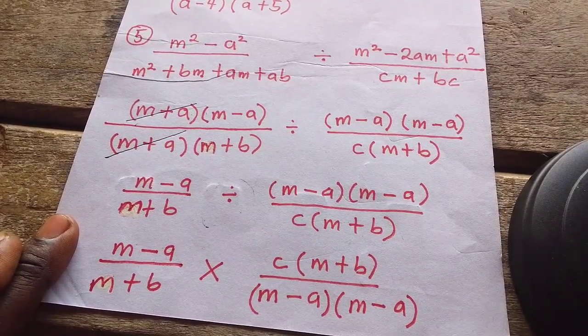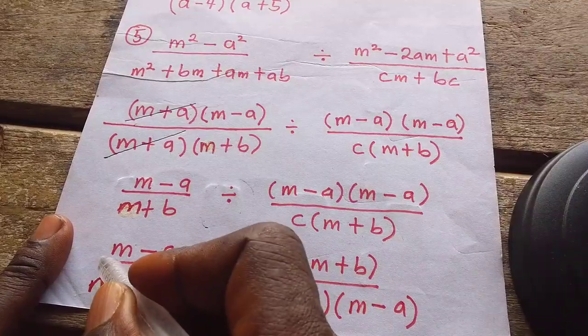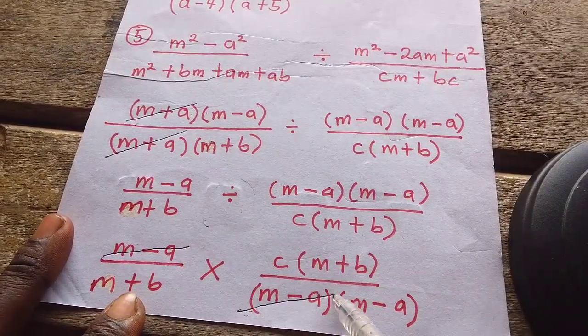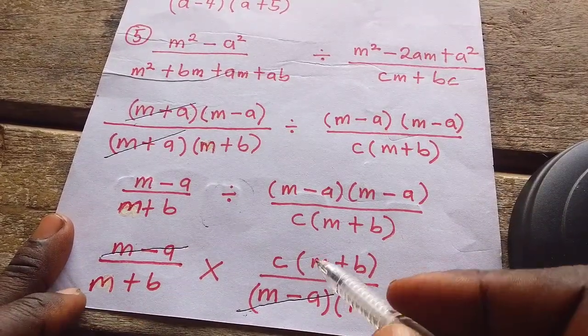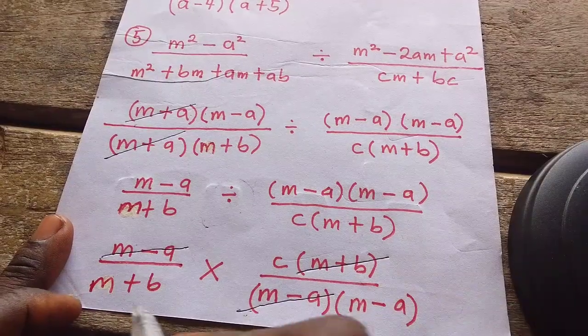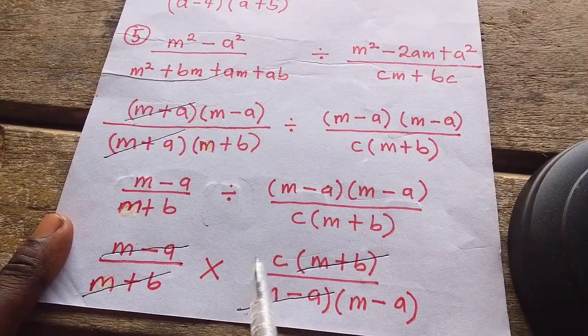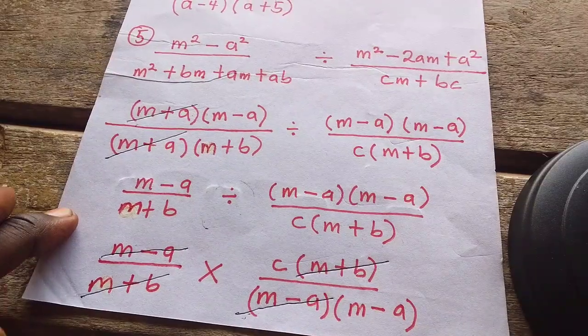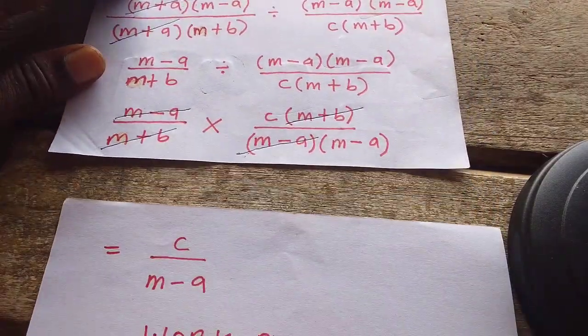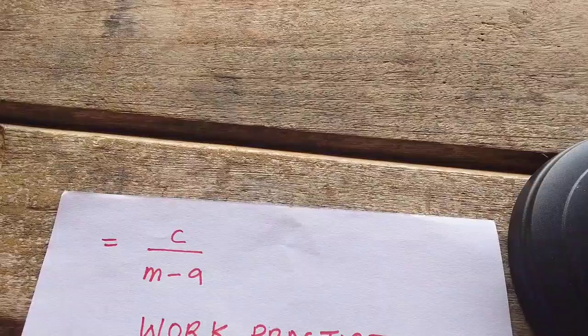Now you realize that here this m minus a and this m minus a will cancel out. What again can divide? This m plus b and this m plus b also will cancel out. So you are now left with c over m minus a.